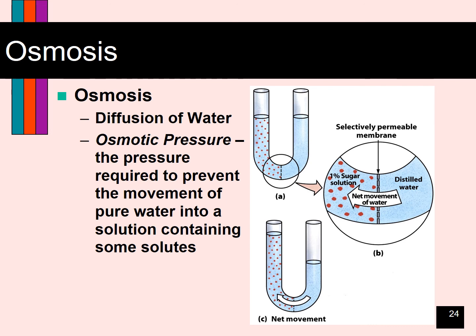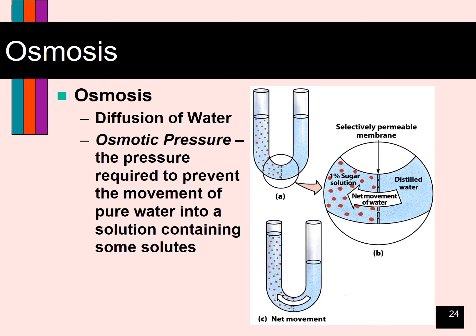So the distilled water would be like 100% water, whereas the 1% sugar solution, 1% would be the sugar, 99% would be water. So the movement of water would be toward the 1% sugar solution.